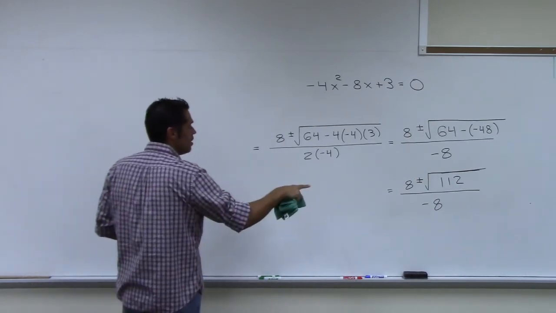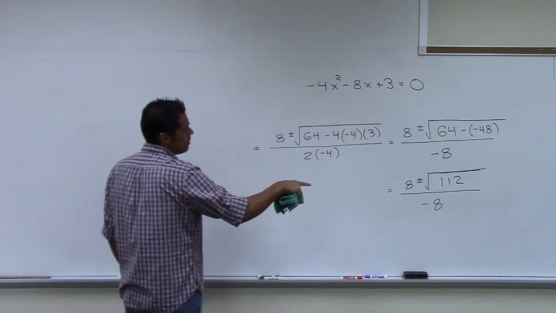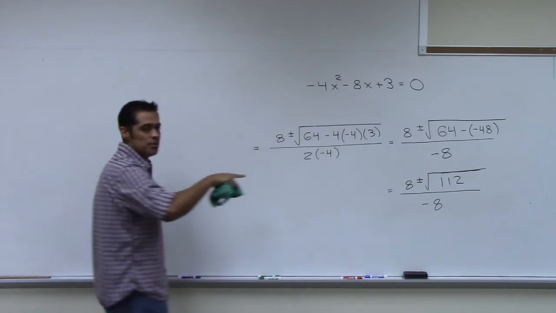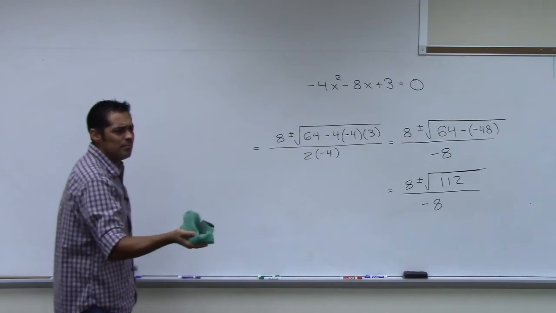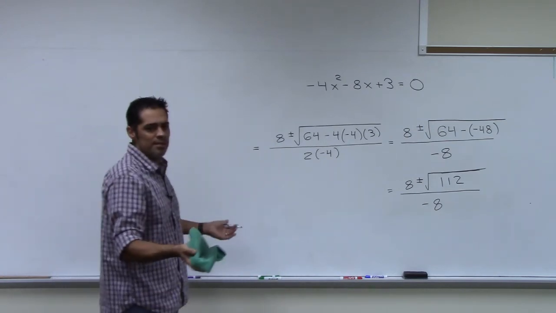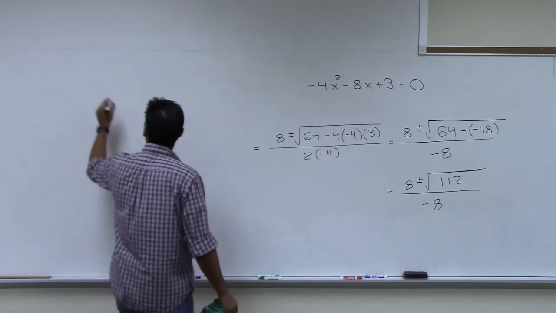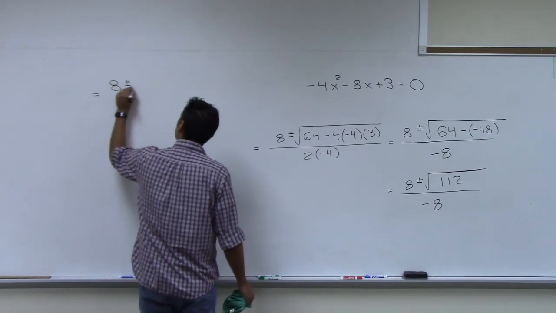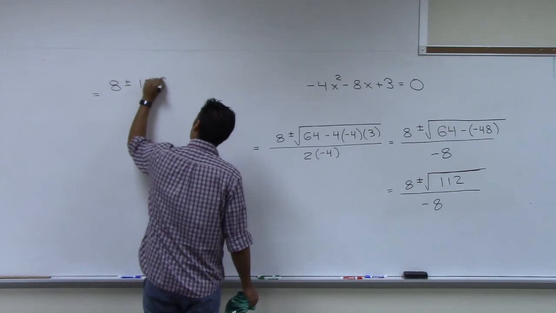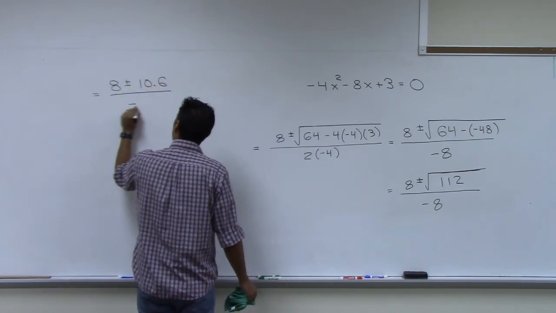All right, you're going to need your calculator here. You need to figure out what the square root of 112 is. It's going to be a decimal, 10.58. Let's go 10.6. Is that fair? So now this equals 8 plus or minus 10.6 over negative 8.